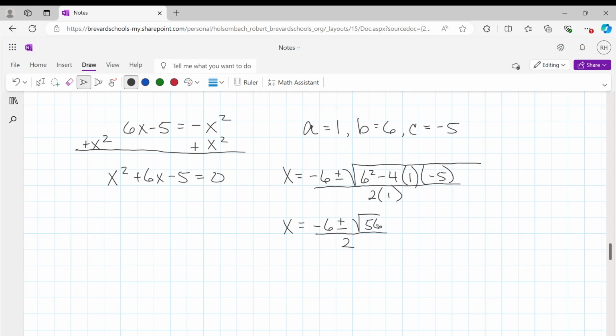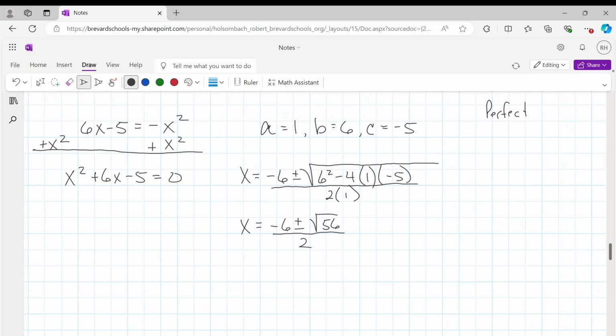Now, this radical 56 has a perfect square in it, okay? Perfect squares are numbers whose square root is a whole number.